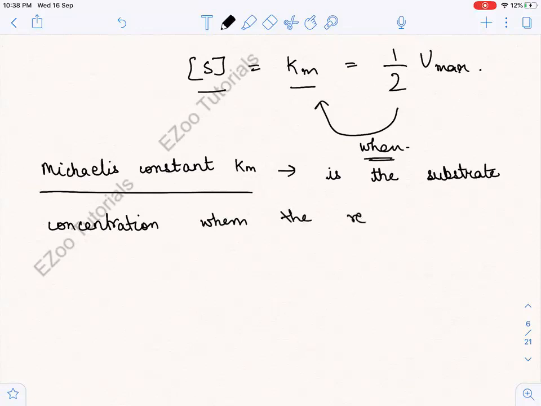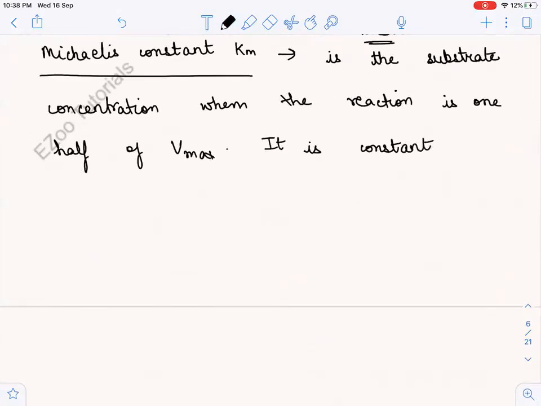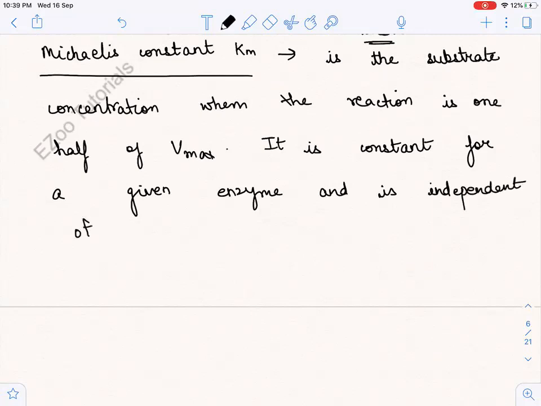when the reaction is 1/2 of Vmax, and it is constant. It is constant for a given enzyme and is independent of substrate or enzyme concentration, right?